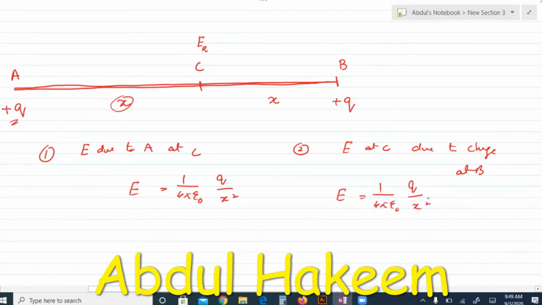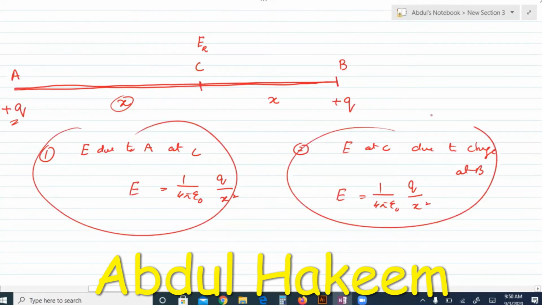Now the question is, for the resultant, whether they are added or subtracted. So these are the individual E's at C due to A and B charge. For the decision of addition or subtraction, we will place the test charge at C, and the test charge is always positive.